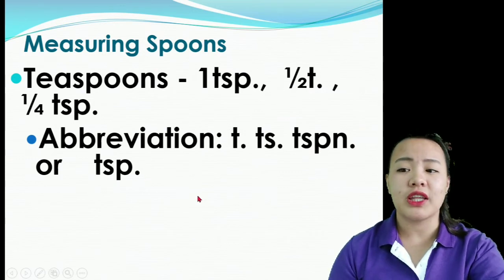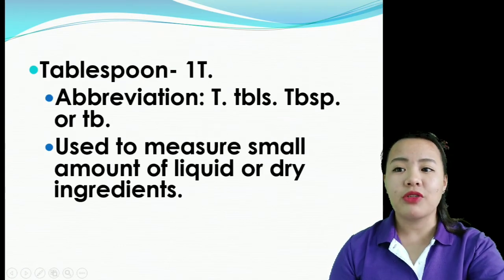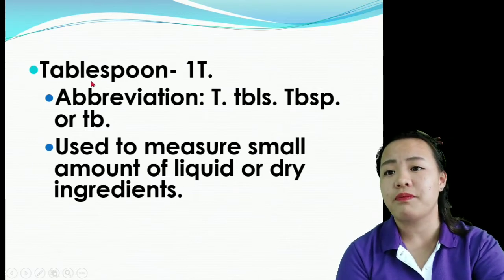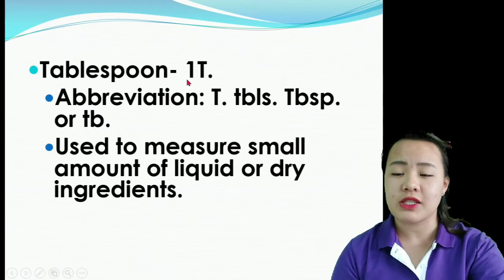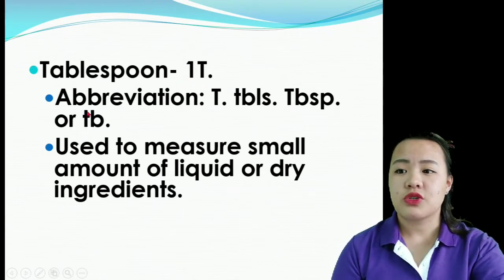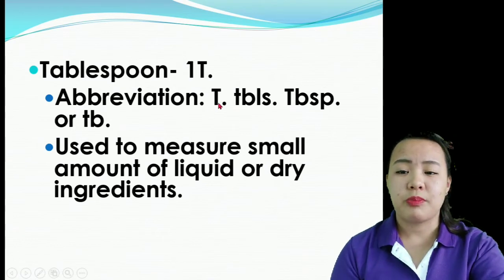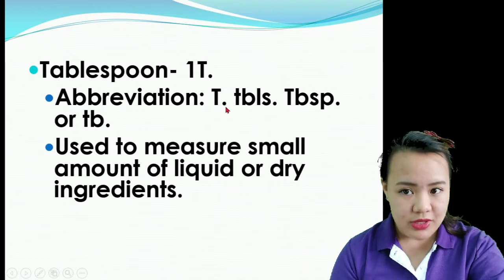Those are the abbreviations for teaspoon. How about tablespoon? There's only one measurement for tablespoon: 1 tablespoon. What are the abbreviations for tablespoon? There is a big letter T with a period, this one.